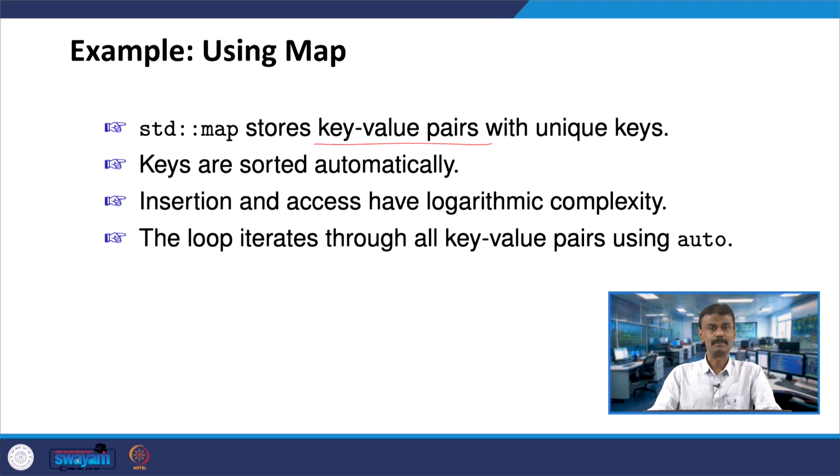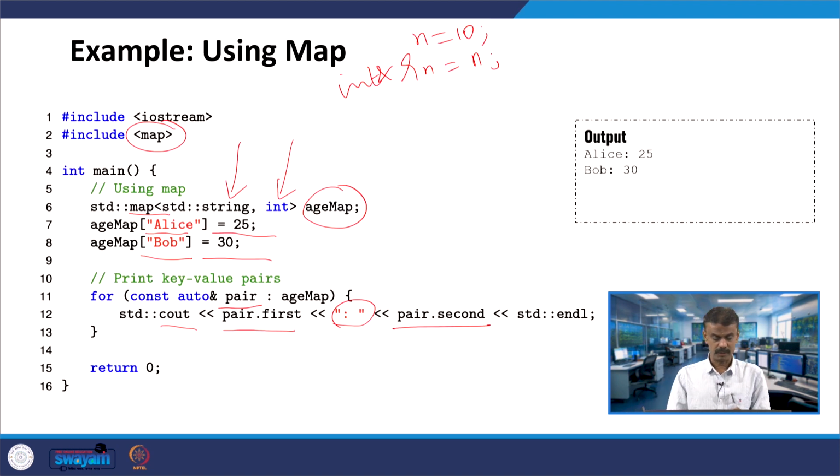Similarly, if I want to insert, correct. The map follows a sorting order, so it will be sorted automatically. When I am inserting, of course, it has to be sorted. So, even in this case it will take approximately log n time. Here we are using the auto keyword, so it automatically takes care of the data type in C++.